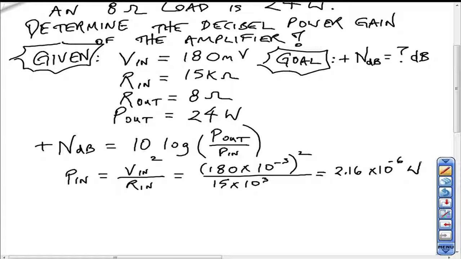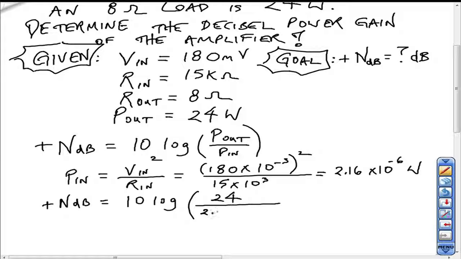All right. And then now for our plug and chug fun, right? So here we are. We've got our formula for our goal, right? Our gain. It's going to be 10 times the log of our output power. That's 24 watts, straight up watts, so you don't have to worry about any EXP times 10 to the X. Nope. 24 divided by pure watts for your input.